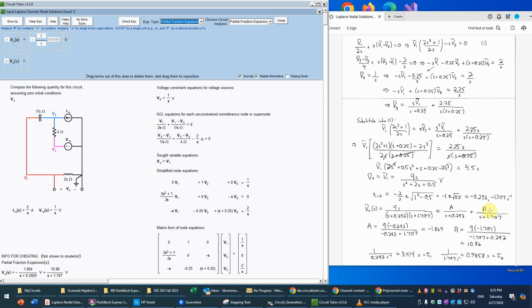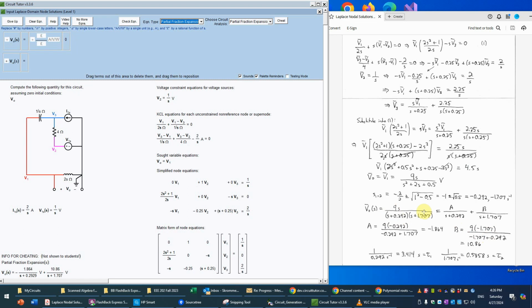Then for the B term, we do a very similar procedure. So now we multiply through everything by s plus 1.707 and set s equal to the negative of that so that that becomes 0. So it wipes out this term basically, and then it cancels this term. And then we just have B, so all that's left on the right hand side equals 9 times the value of s now, which is minus 1.707, divided by, here we substitute s again as minus 1.707 plus the 0.292.